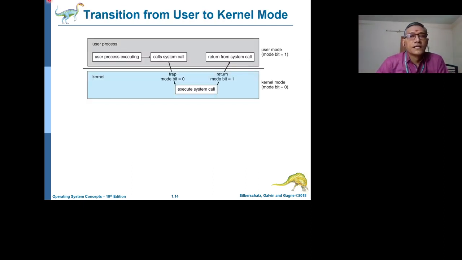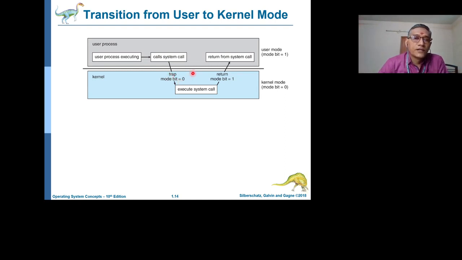Here, see the transition from the user process to the kernel. The user process is executing here. It needs some services which can be provided by the kernel, so it initiates the system call. Now the mode bit is set, and the operating system moves to the corresponding kernel mode.